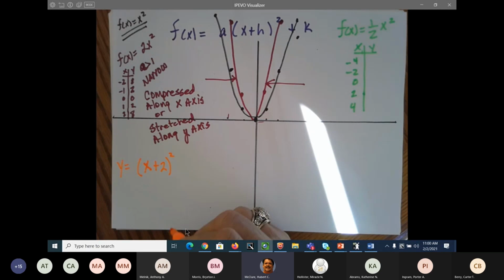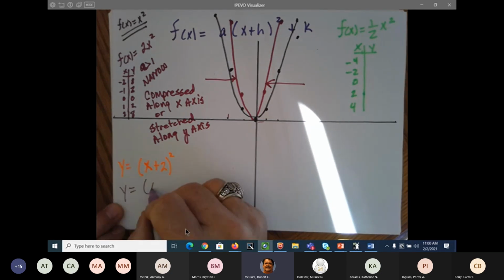And then in a purple color, I want you to do y is equal to (x plus 2) quantity squared minus 1.